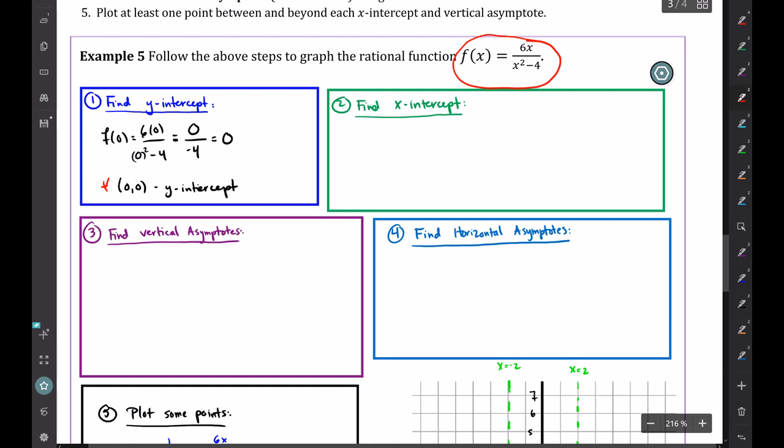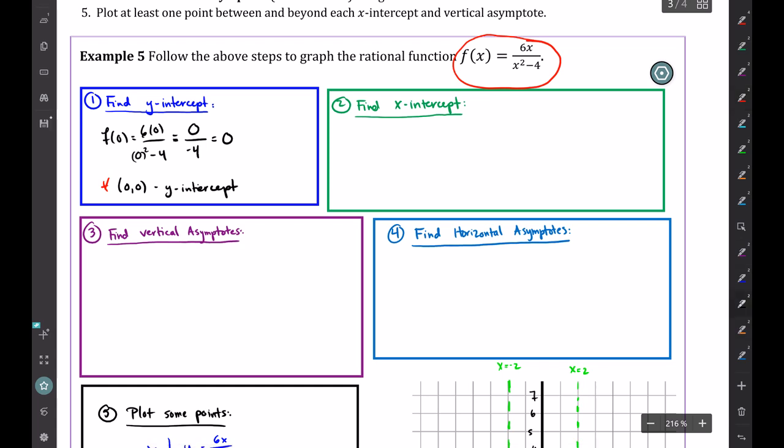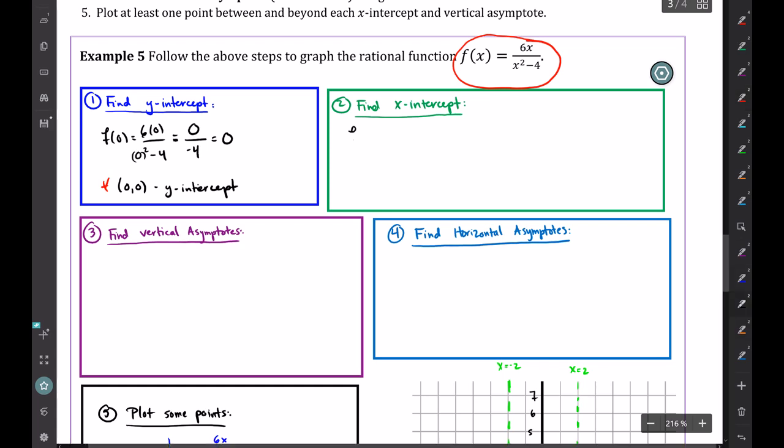Next step is to find the x-intercept. And to find the x-intercept, you set y equal to 0. So that would be f of x equals 0, which is 6x over x squared minus 4. If you multiply both sides by x squared minus 4, this equation becomes 0 times (x squared minus 4) equals 6x times (x squared minus 4) over (x squared minus 4).